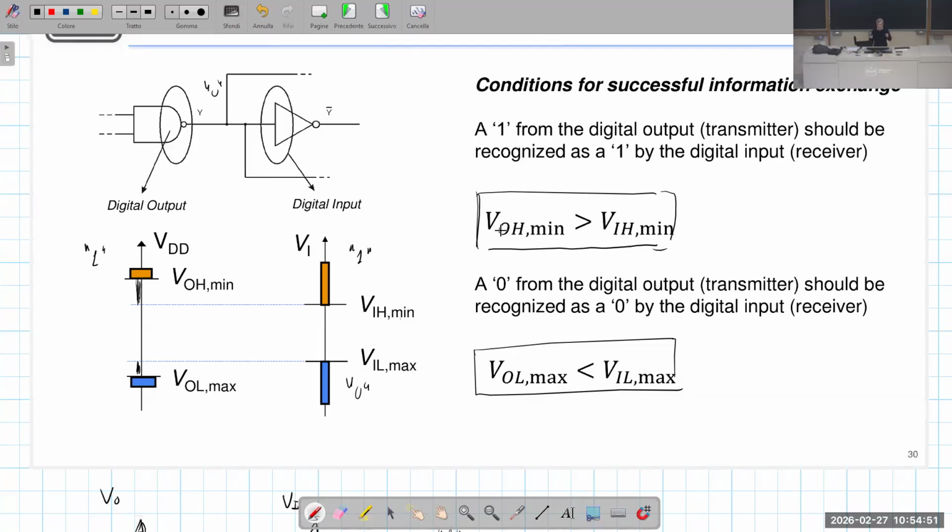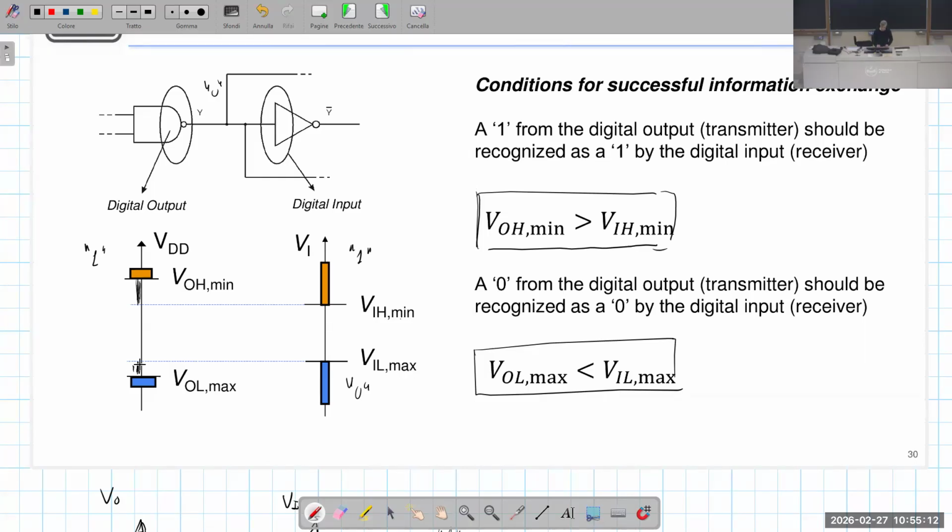By the way, I will show in a moment that the larger this difference is, both at the high level and at the low level, the better. So the larger VOH min is with respect to VIH min, and the smaller VOL max is with respect to VIL max, the better.